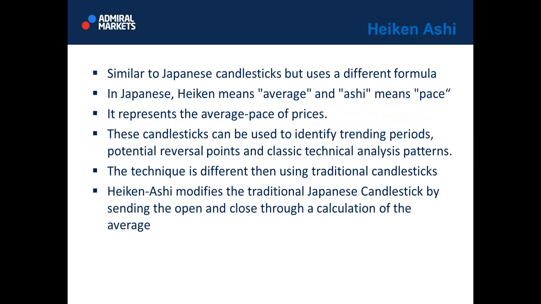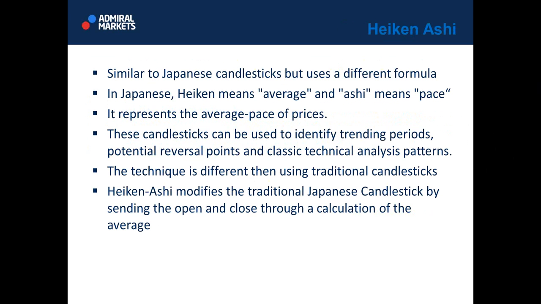Heiken Ashi is very similar to Japanese candlesticks, but uses a different formula. In Japanese, Heiken means average and Ashi means pace. So those are usually the average candlesticks which go basically by slow pace.